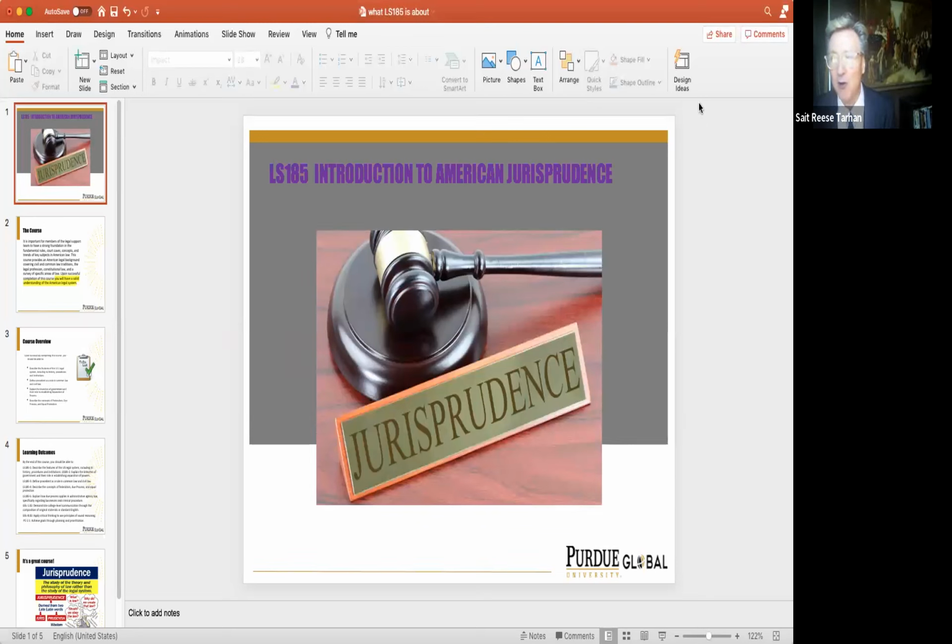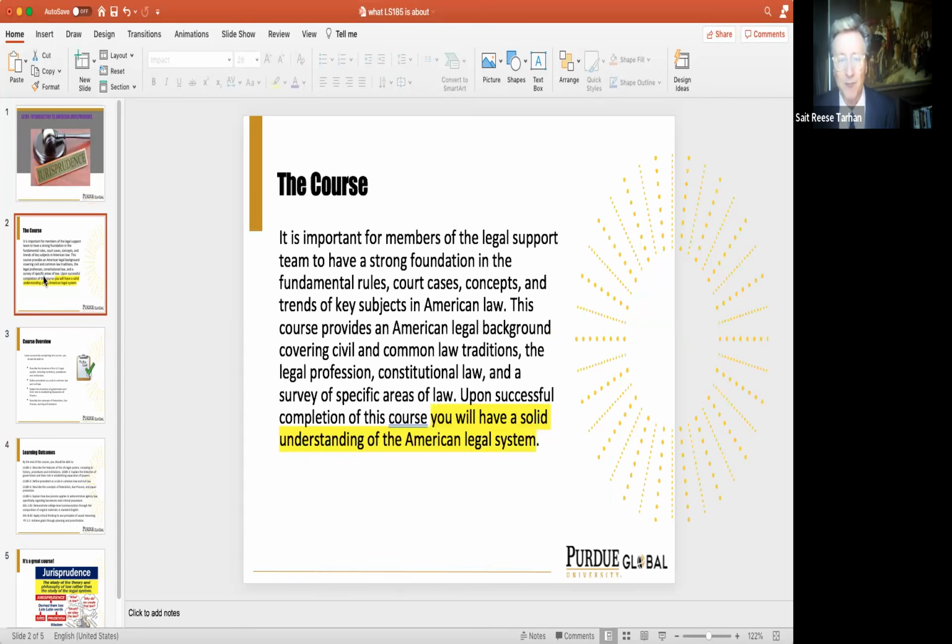LS185, Introduction to American Jurisprudence. Now, this is a bit of a different course than a basic foundational law course that's all about substantive law. The course itself, I'll just read this, and this is all true. It's important for members of the legal support team, in whatever role, to have a strong foundation in fundamental rules, concepts, trends, court cases, and keep in mind the name of the course is Jurisprudence.